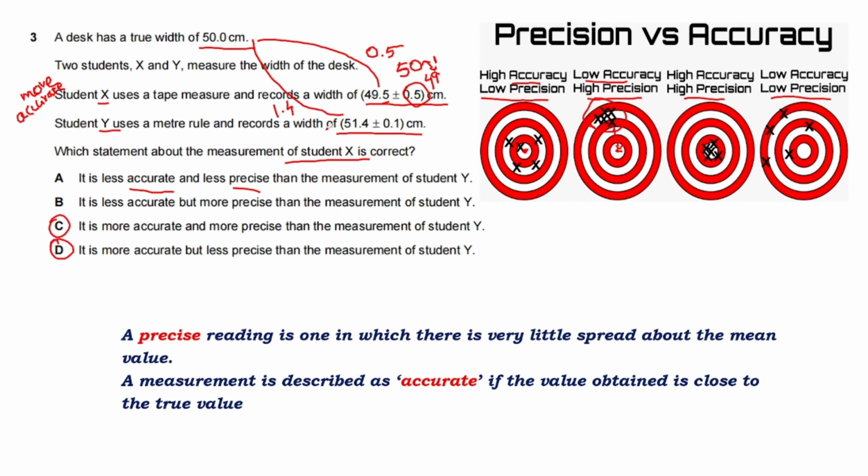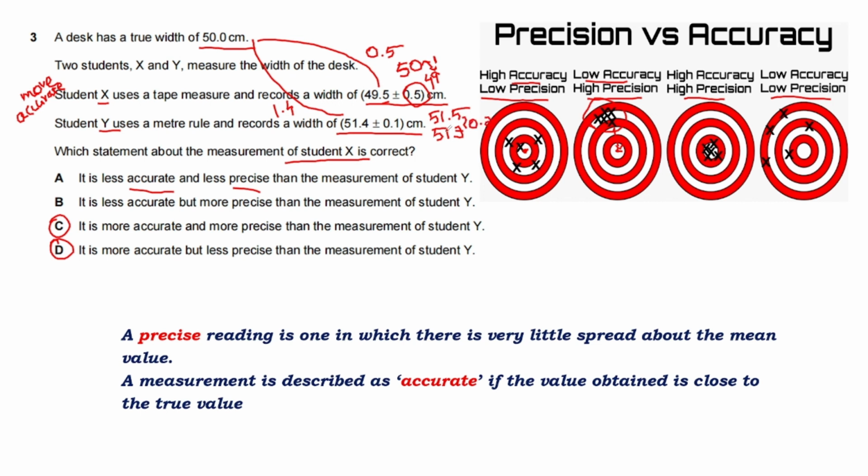Let's check the measurement of student Y. It would be 51.4 plus 0.1, which is 51.5. The other measurement would be 51.4 minus 0.1, which is 51.3. So the difference between these two is just 0.2.